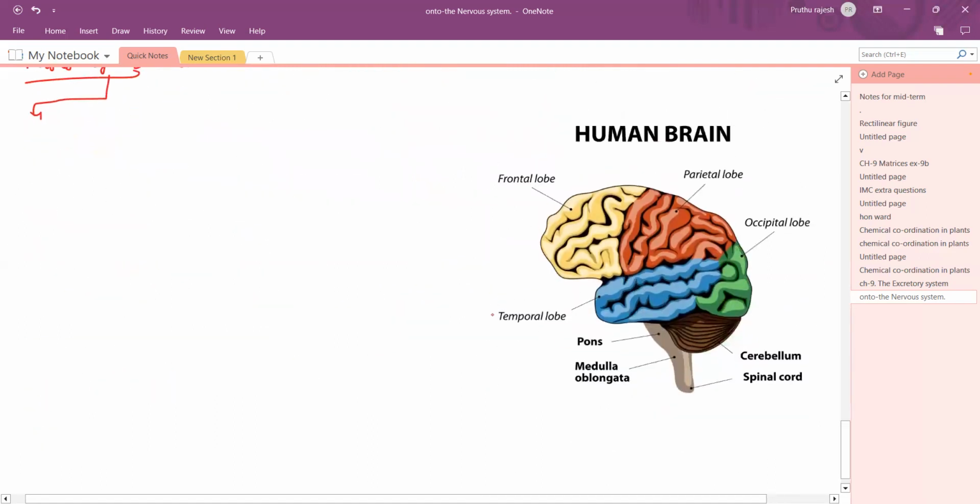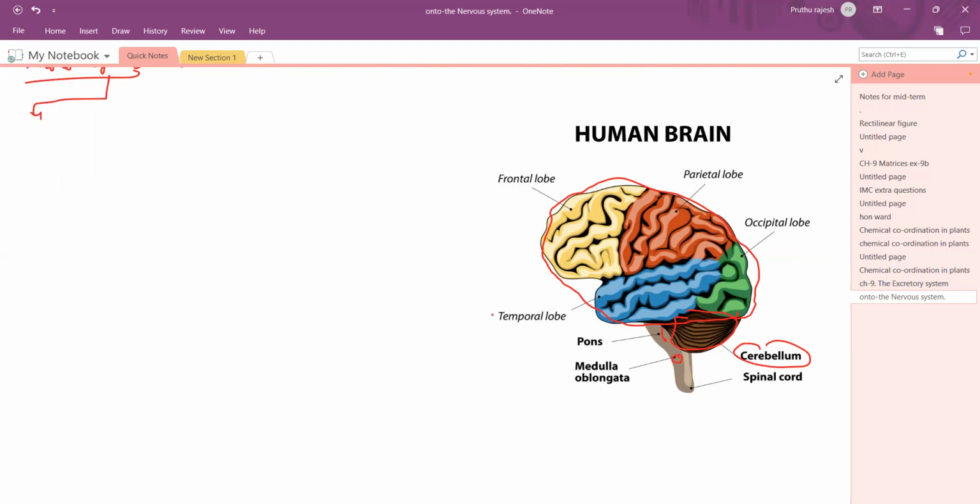So, first one is cerebrum. From this green color till this last blue color, it is the cerebrum. This brown color here is known as cerebellum, and the medulla oblongata is the last portion of the brain, through which the spinal cord runs. The extension of medulla oblongata is called the spinal cord.